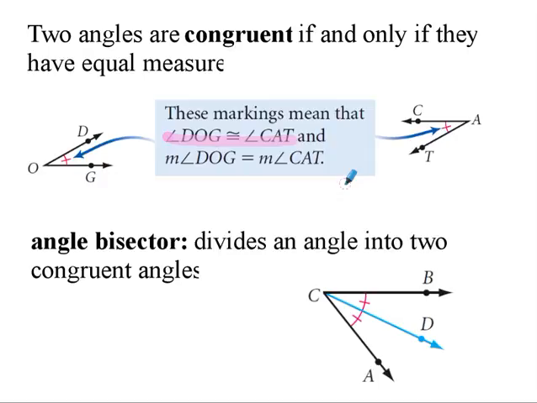Now an angle bisector. When we think of the word bisect, bi means what? 2. So this means an angle in 2 sections. This is actually cutting an angle into 2 congruent angles. That's what an angle bisector means: dividing an angle into 2 congruent angles.